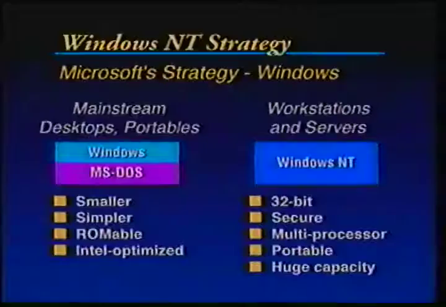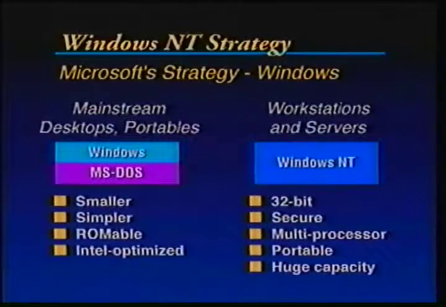Again, Microsoft's strategy is to have Windows everywhere. For mainstream computing, and I think for computing for the next couple of years, you're going to continue to see some version of Windows sitting on top of some version of DOS. And to summarize some things about this environment, the DOS Windows environment is a smaller environment than Windows NT.